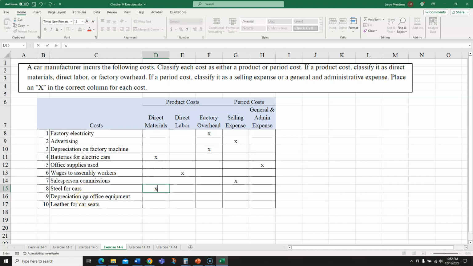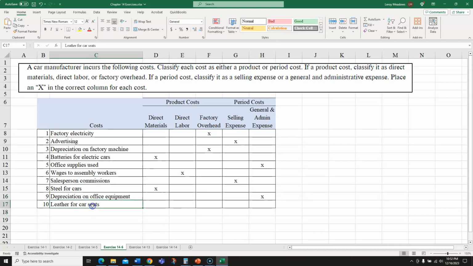Now, what about depreciation on office equipment? Well, here we're given a heads up. It's office equipment, so it's not a product cost. It's a period cost. So, is it related to selling? No, it's a general and administrative expense. So, we're going to put a box right in there.